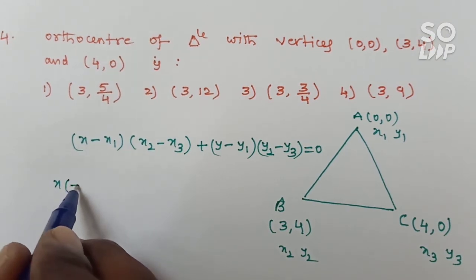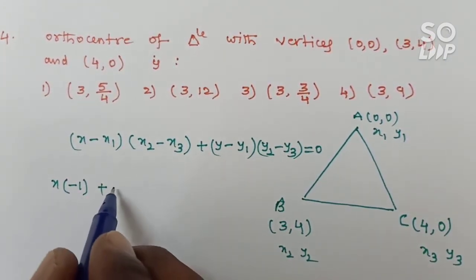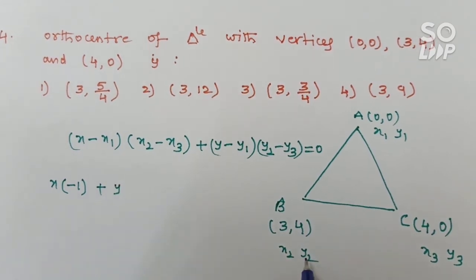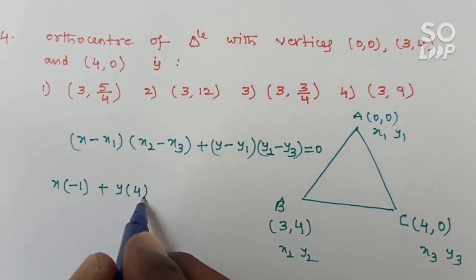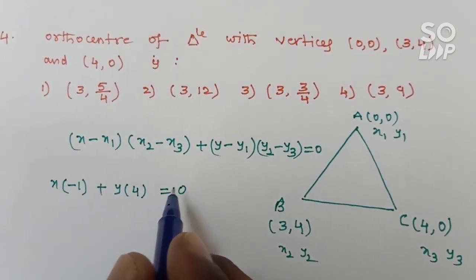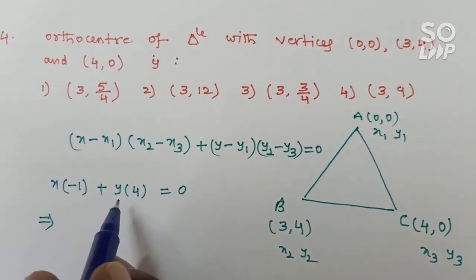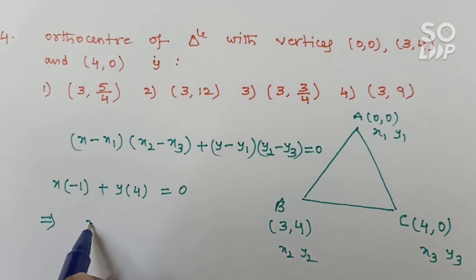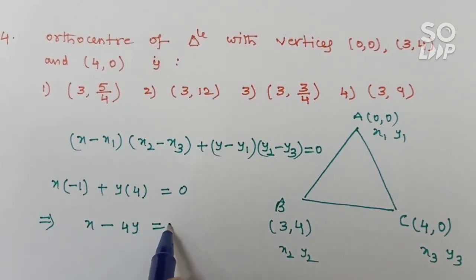So x into minus 1 plus y minus y1 is y, and y2 minus y3 is 4 minus 0, that is 4. So this is 4y equals 0. Multiplying with minus 1, we get x minus 4y equals 0.